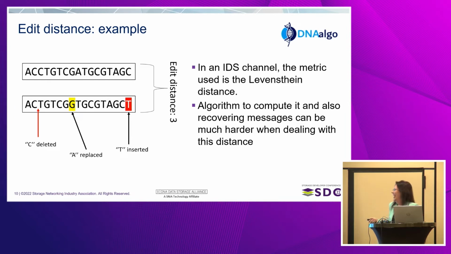Suppose we have these 2 strands. We need to understand how many steps, including insertion, deletion, and substitution, we need to perform in order to go from one strand to the other one. In this case, we see that a C has been deleted, so first step. Then an A has been replaced by a G, so second step. And third, a T has been inserted, third step. So the edit distance is 3.